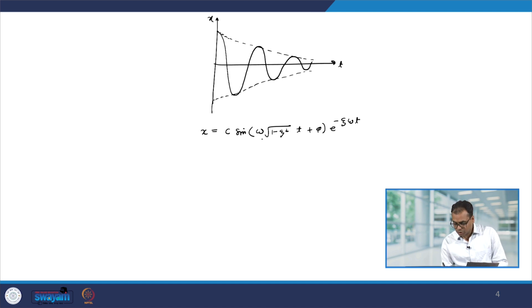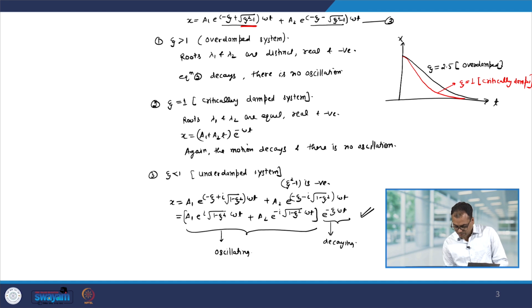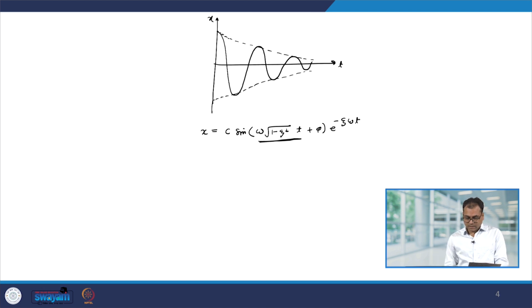Okay. So, this quantity that you see here is the same as this quantity. Now, let us define omega d equal to omega square root 1 minus zeta square.